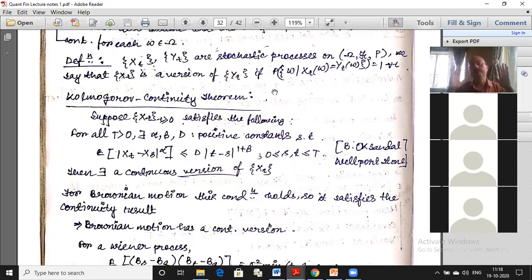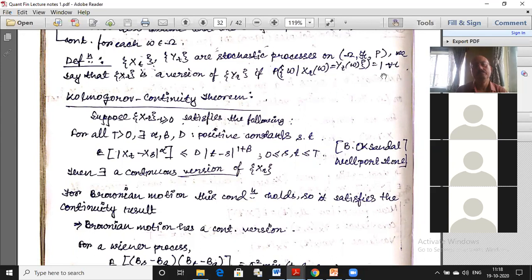Their values can be different, but they are identically distributed. Their values can be different with probability 0. You see, the requirement is that the omegas where they match, omega such that Xt equals Yt, has probability 1 for all t. So they may not match in some places, but those places must have probability 0.